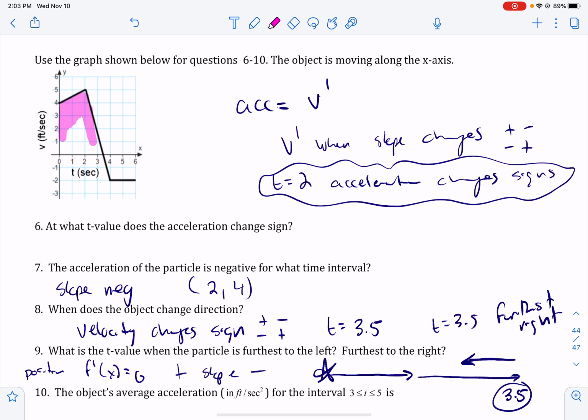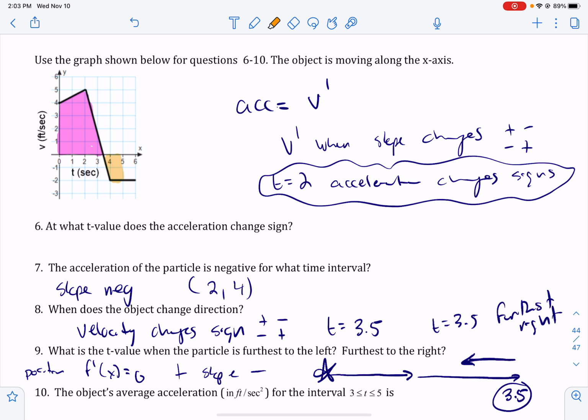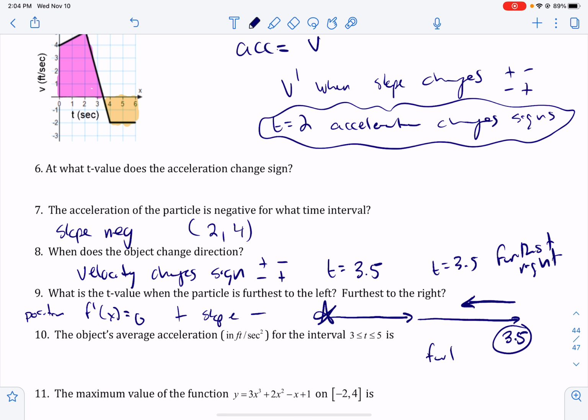This is the area that you covered when you were moving to the right. And then you get to 3.5 and you stop and start going to the left. Well, when I look at this graph, it looks like I went a lot more to the right than I did to the left. So I would say that I'm furthest left when my time was equal to 0. I don't think I went left far enough to get back to where I started. So I would be furthest left when time is 0.